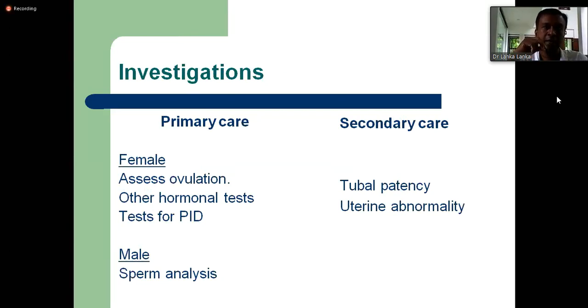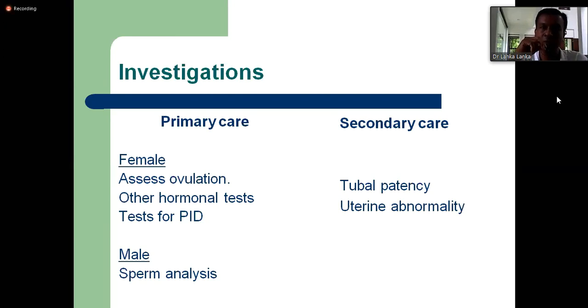There are investigations you have to perform. At first, you are not going to do all the investigations at the primary level. First you have to assess the female partner's ovulation, which is very important. Then if there's any suspicion, you can do hormonal testing like day 21 progesterone and thyroid hormone, and test for PID, that is chlamydial testing.